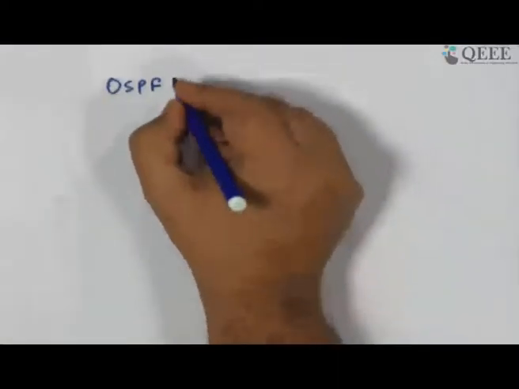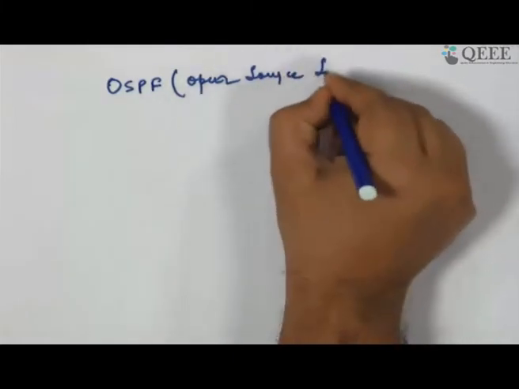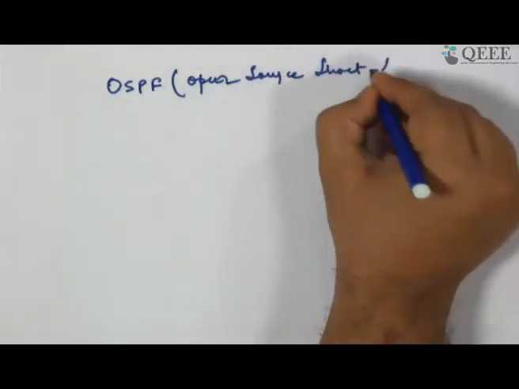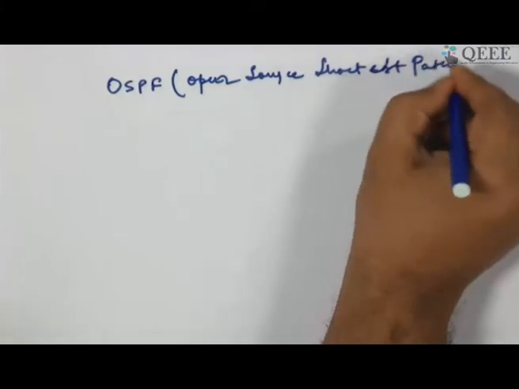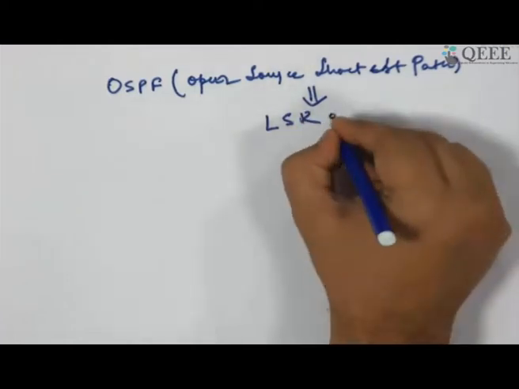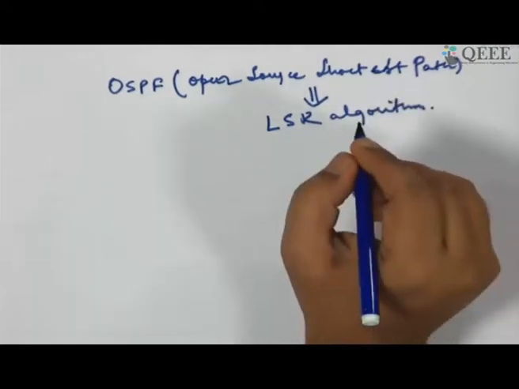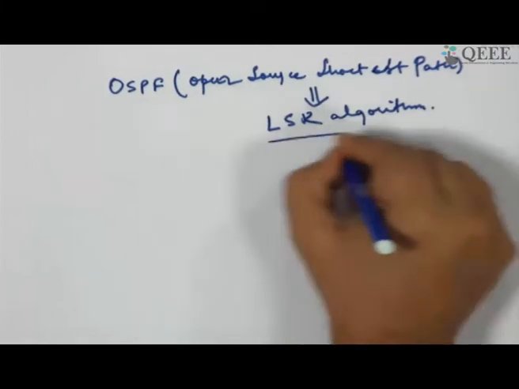There is an example protocol, and the more popular one is OSPF, open shortest path first, which has an underlying link state routing algorithm built in.